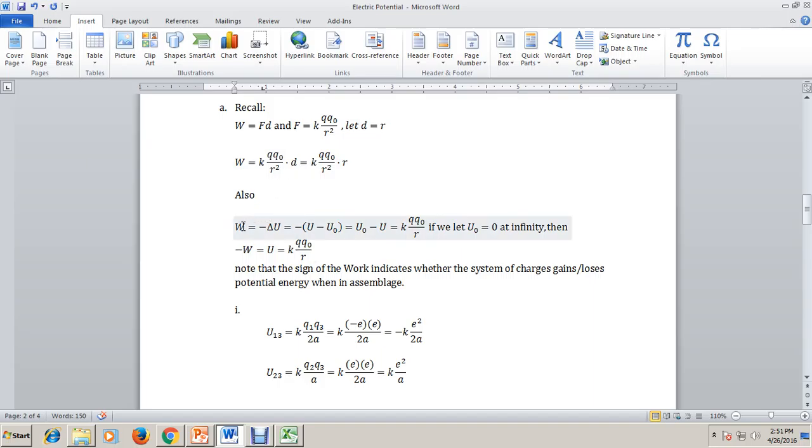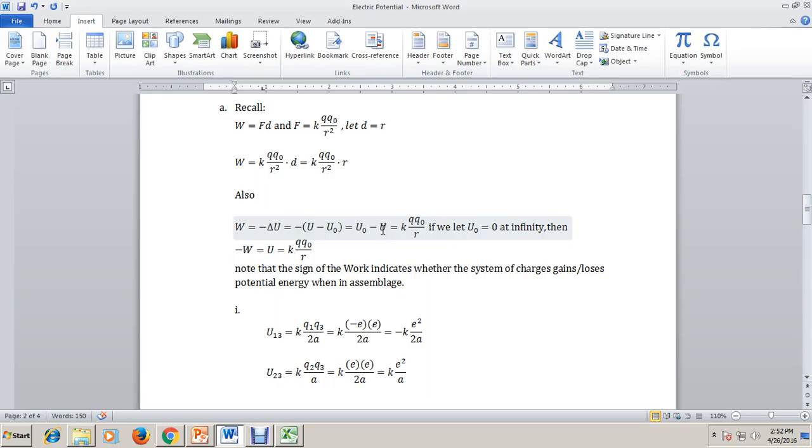Now, in our previous discussion, work is equal to the negative change in potential energy, which is equal to the negative of the final potential minus the initial potential. Or if we distribute the negative sign, this would be initial potential minus final potential, which is equal to K Q Q sub O over R. Now, if we let the initial potential energy equal 0, then our final potential energy would represent the total potential energy.